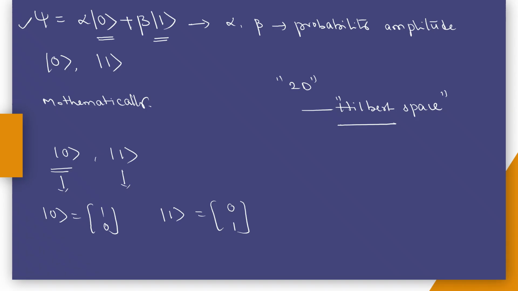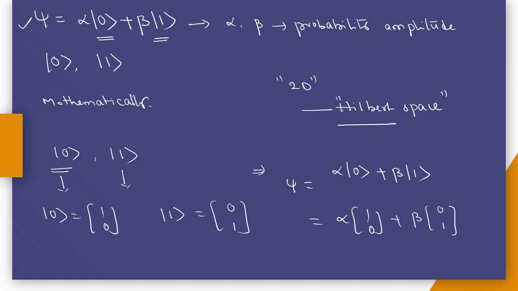Wherever we want to replace these states with vectors, we need to replace state 0 with 1 0, and state 1 with 0 1. Therefore, psi equals alpha state 0 plus beta state 1 can be rewritten as alpha times 1 0 plus beta times 0 1 in vector space.